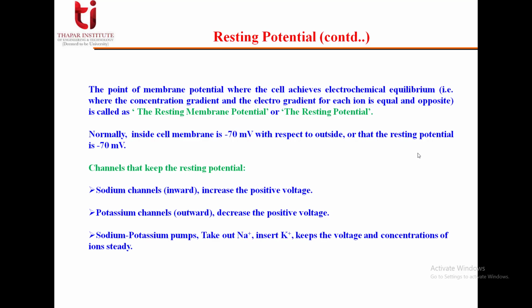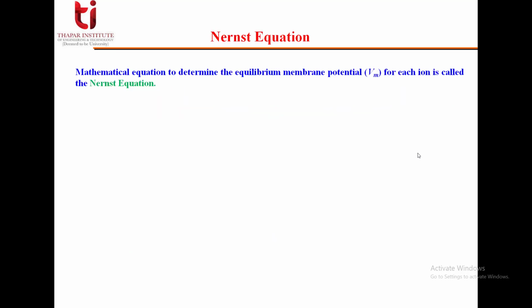Then we have the sodium potassium pump, which takes out the excess sodium that moved inwards, and inserts the potassium that moved outward, so that it can keep the voltage and concentration of ions steady, that is, at resting potential without any input.